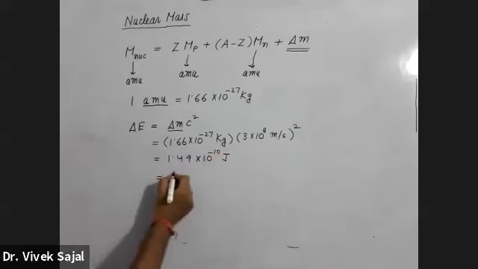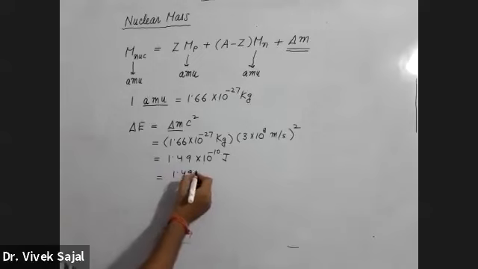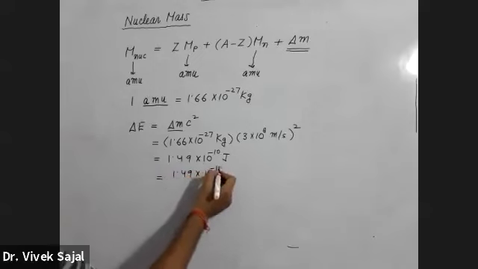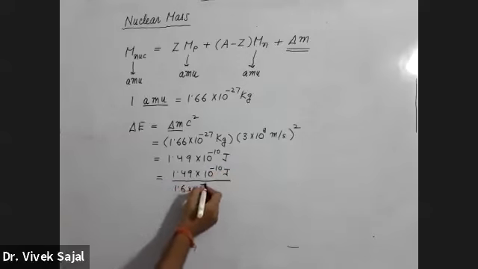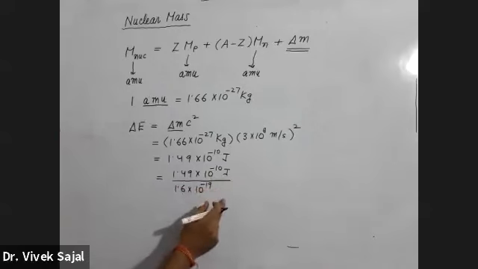If I divide this 1.49 into 10 power minus 10 joule by 1.6 into 10 power minus 19, then this joule will convert into electron volt.